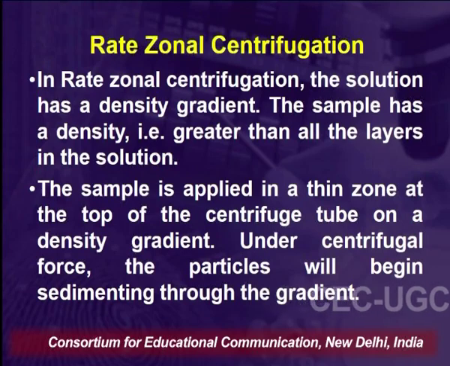Whereas in rate zonal centrifugation, the solution has a density gradient, and the sample has a density that is greater than all the layers in the solution. So, the sample is applied in a thin zone at the top of the centrifuge tube on a density gradient, and when we apply the centrifugal force, the particles begin sedimenting through the gradient.